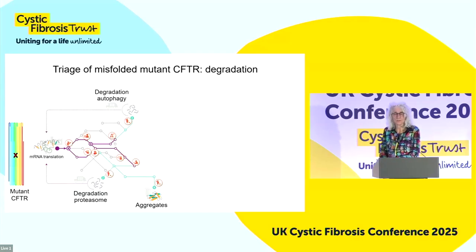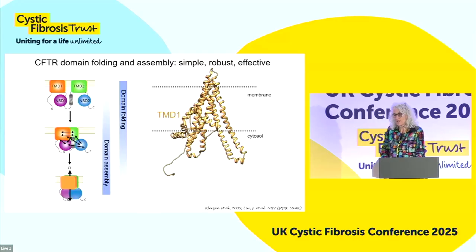Now, the good thing about folding 1480 amino acids is that the cell found a way to do this in a more secure way. And one reason is that the folding already starts during synthesis.